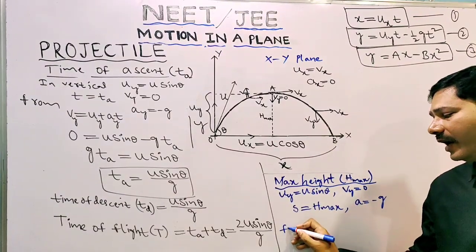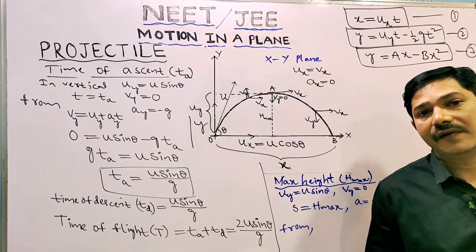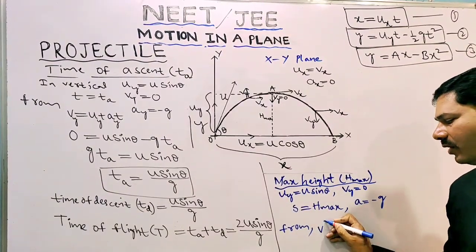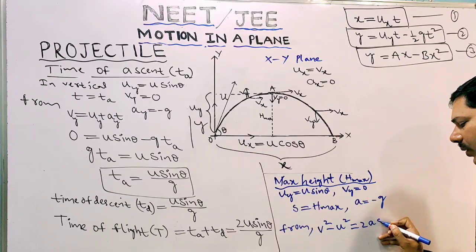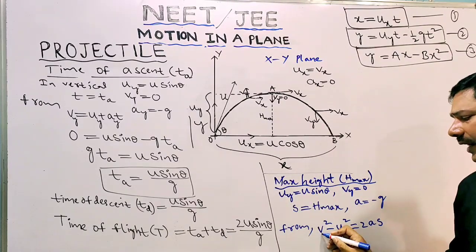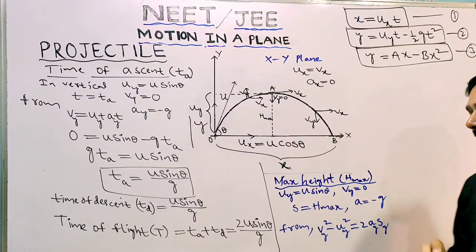Here, from the equations of motion, another formula: v square minus u square equals 2as. Here, for vertical motion, all are vy, uy, ay and sy.